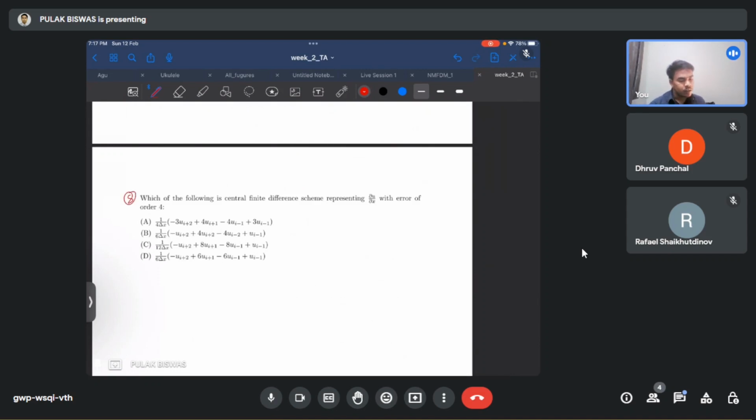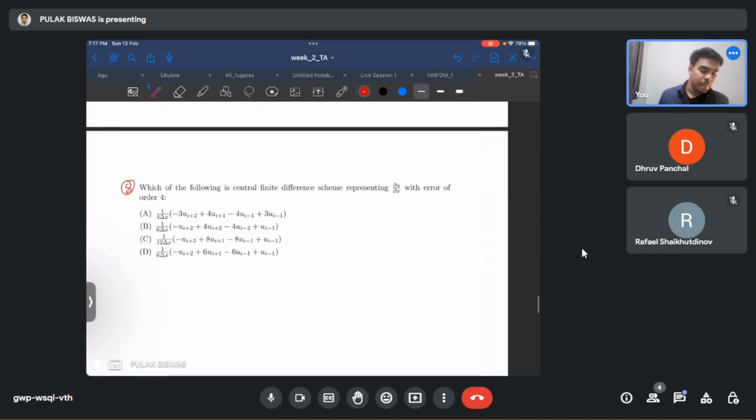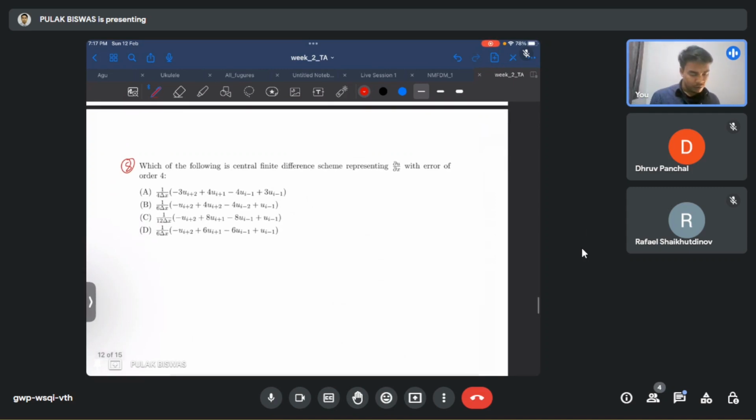Which of the following is a central finite difference scheme representing del del x with error of order 4? You can do this one. This will be a little lengthy. We have to try for each of these cases, and you have to find when the error is coming of order 4.